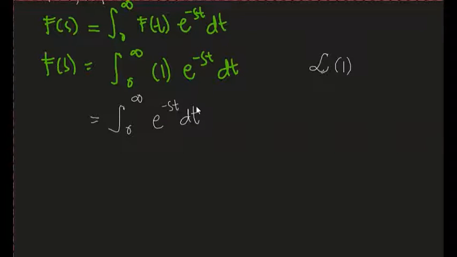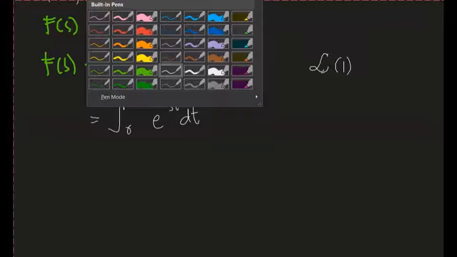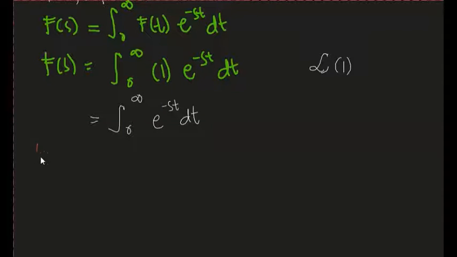So paano natin siya i-transform? So we are going to transform this one by substitution or by integration by parts. So, we will let sa aton nga equation, let u equal to sa aton nga exponent which is negative s.